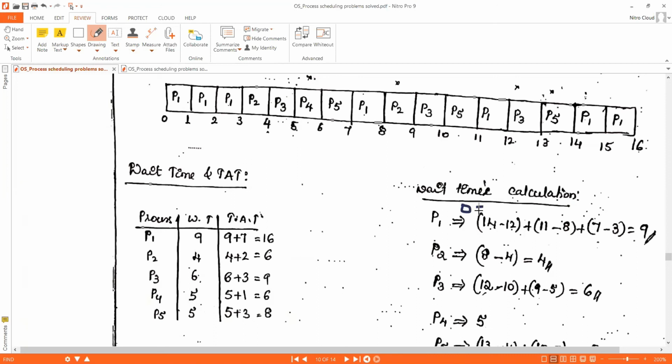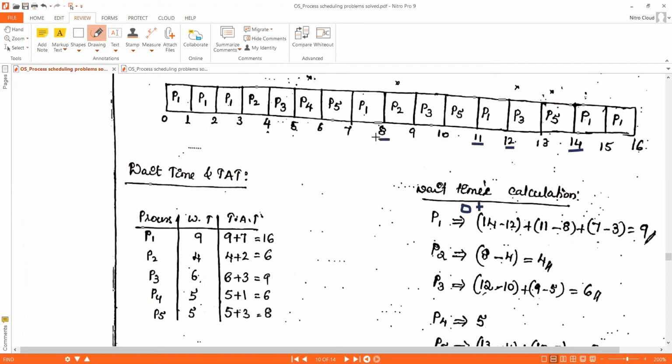Plus, what is the last allotted time of process 1? Process 1's last allotted CPU time is 14 milliseconds minus its previous preempted time, that is 12 milliseconds. 14 minus 12, plus its previous allotted time, that is 11, minus its previous preempted time, that is 8.